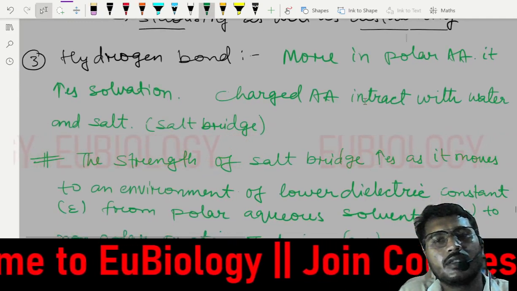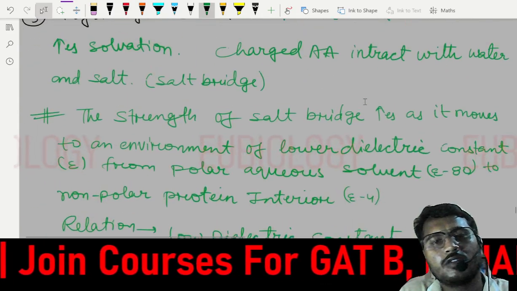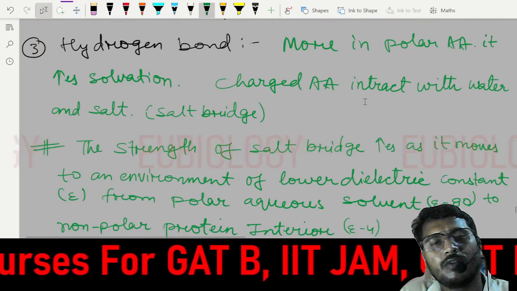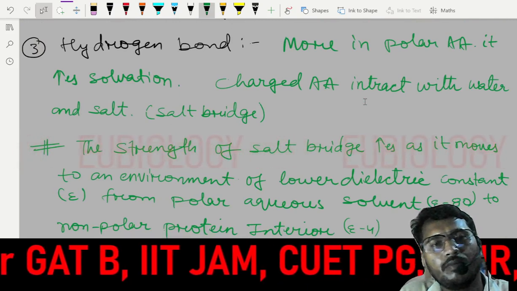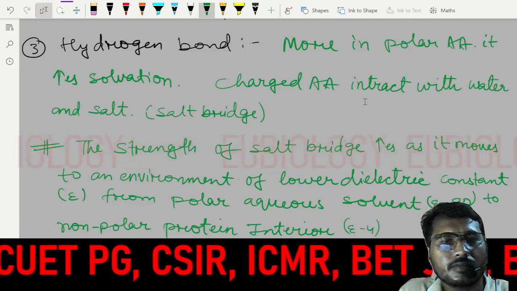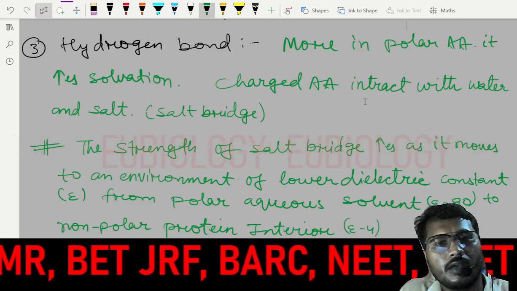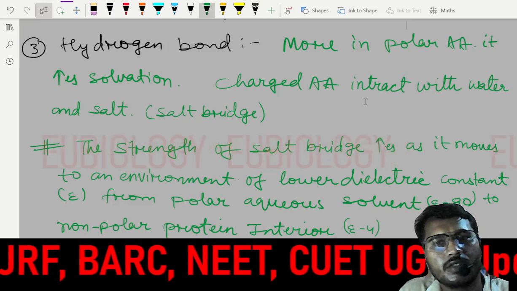Now the hydrogen bond. The hydrogen bond is weaker than the ionic and covalent bond. It is because of the partial bond which occurs between the solvent and the solute, the partial hydrogen bond present in the water and the solute.